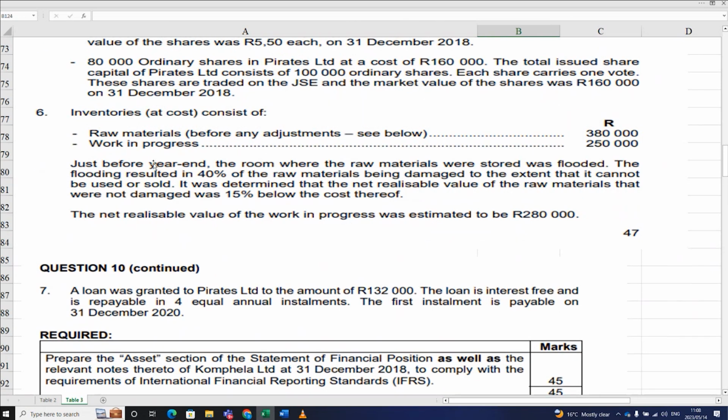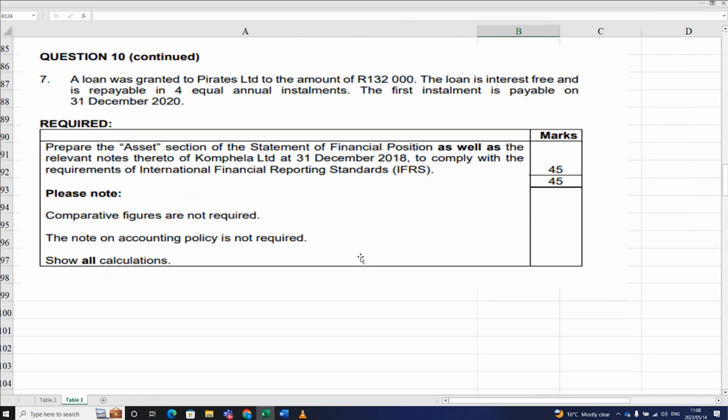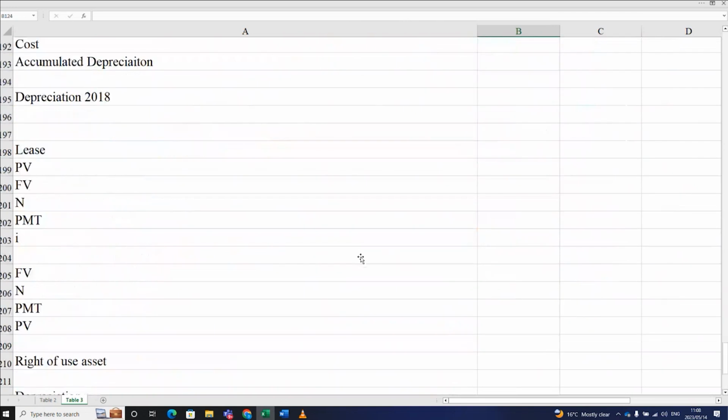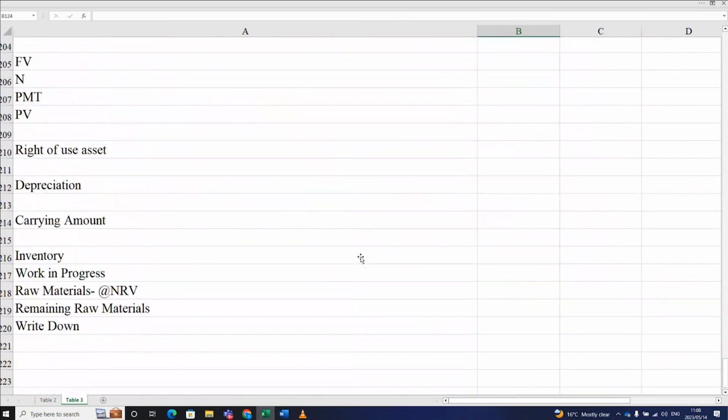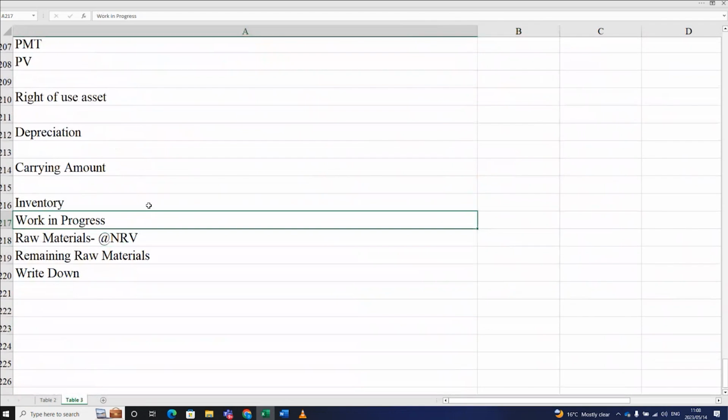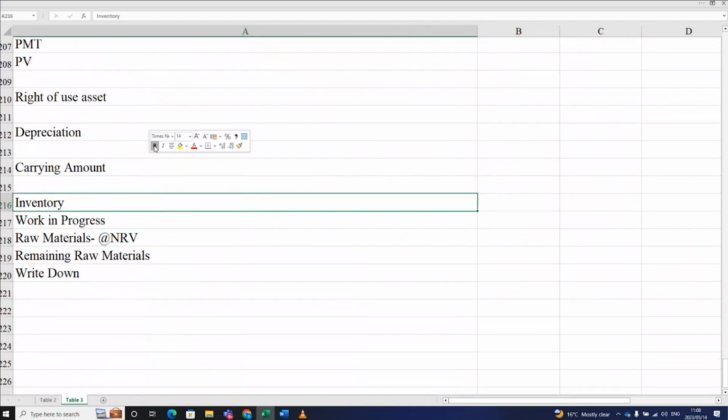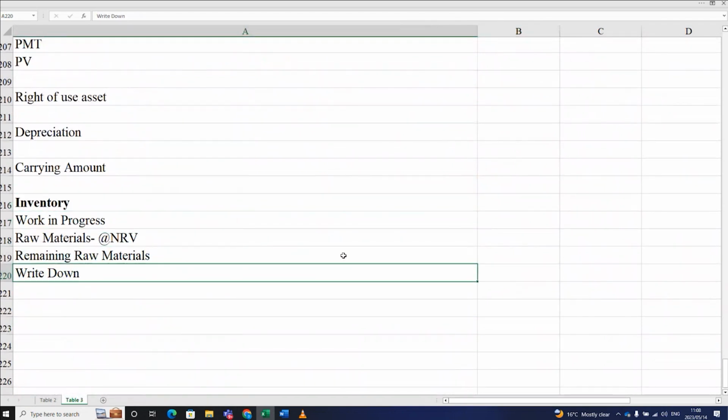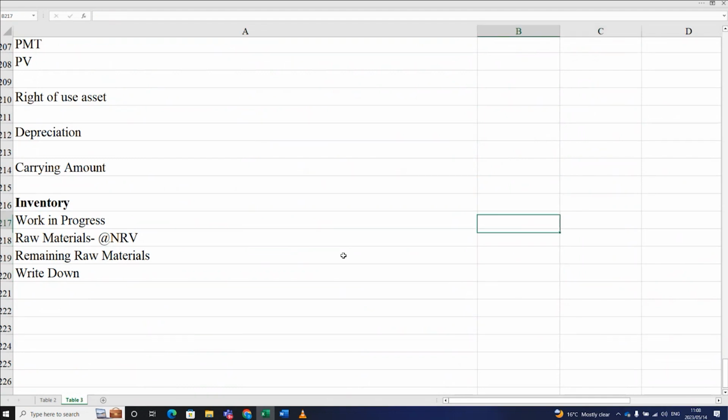In this case, we see that the work in progress is 250,000 and the net realizable value of the work in progress is 280,000. So the lower of the two is cost. We'll keep it there. So that's the inventory, which we will have at 250,000.